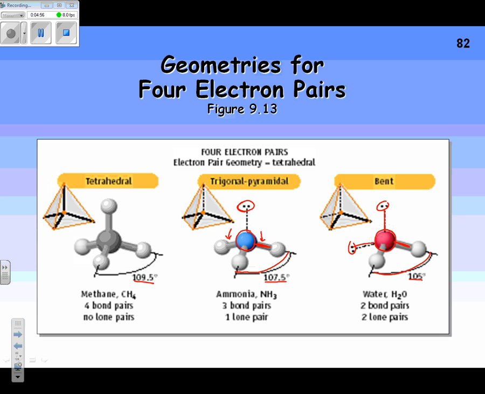So the bond angle between the bonding pairs of atoms decreases as you add more and more unshared pairs. Let me go back. I don't think I talked about the name of this one, trigonal pyramidal. If you look at it without the unshared pair on there, it kind of looks like a pyramid, and that's how it got its name. And bent is for water with two unshared pairs, but still four things around the atom.